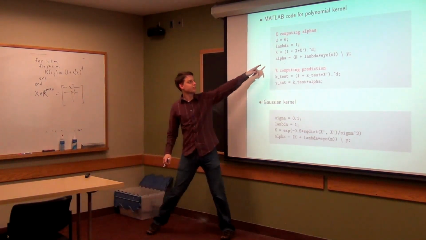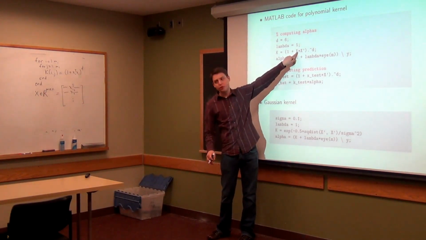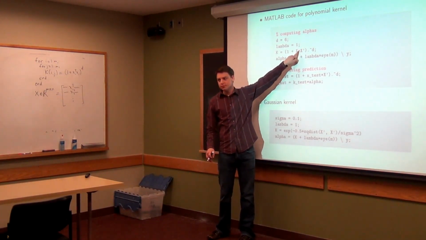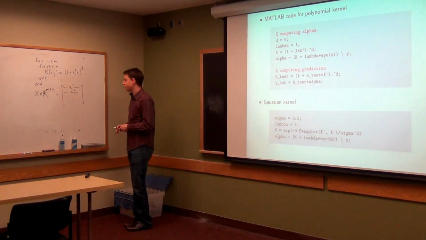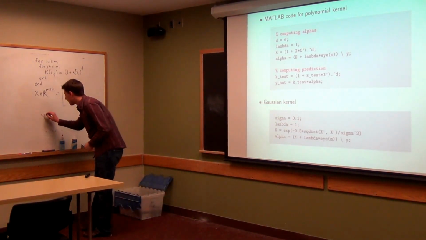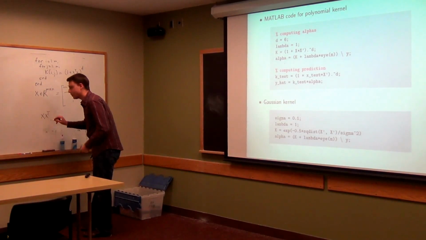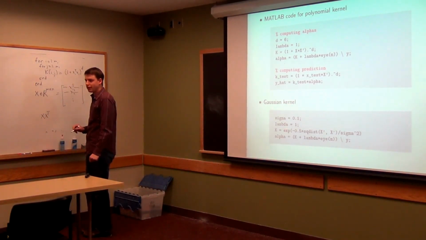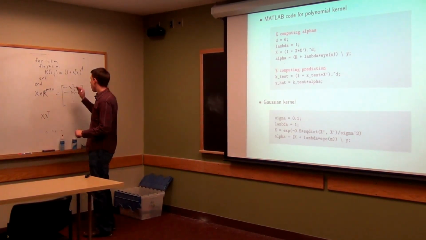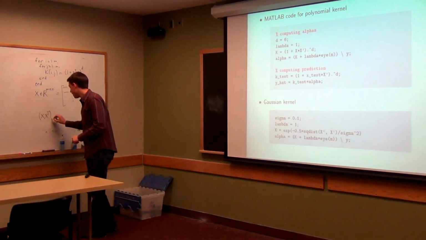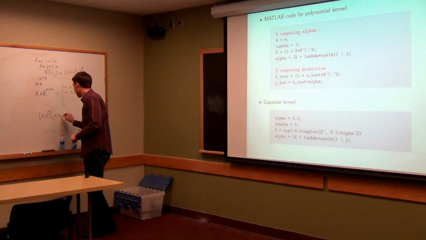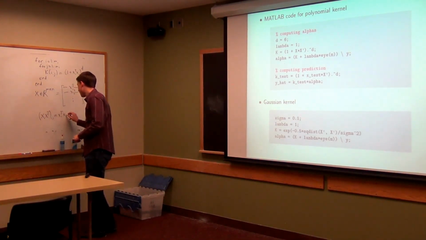And that's this X matrix I'm showing here. Now, what you can hopefully convince yourself of is that X X transpose is a matrix of all these inner products here. So (X X transpose)_ij equals xi transpose xj.